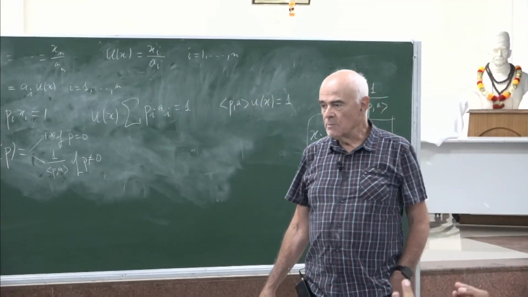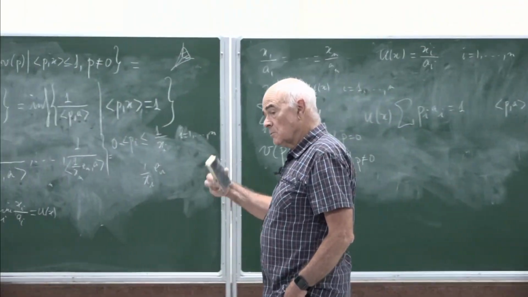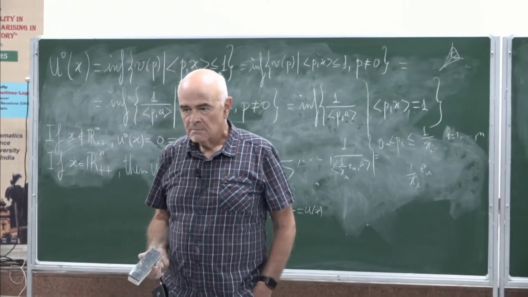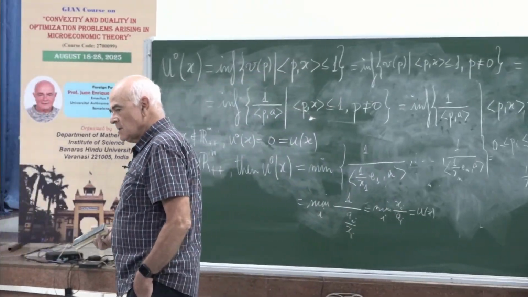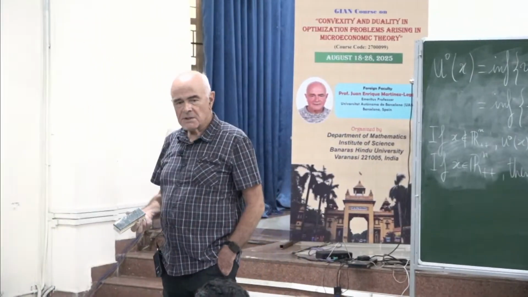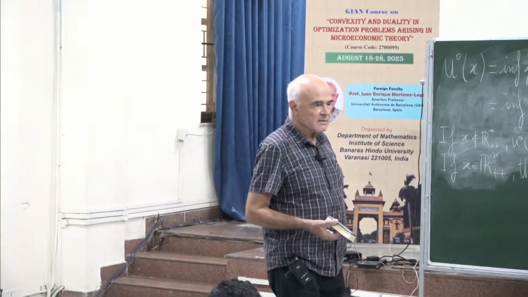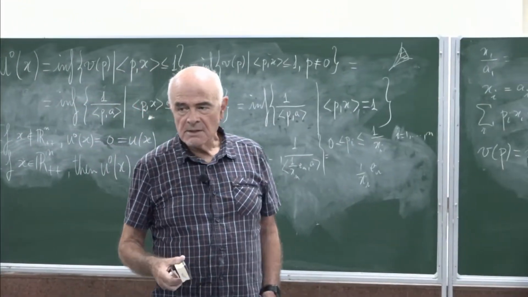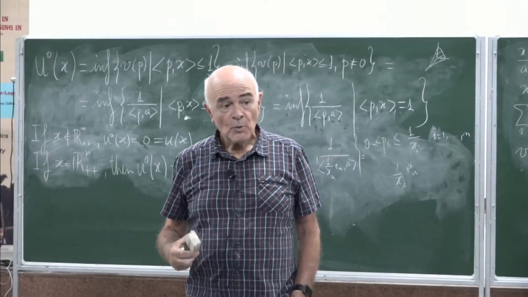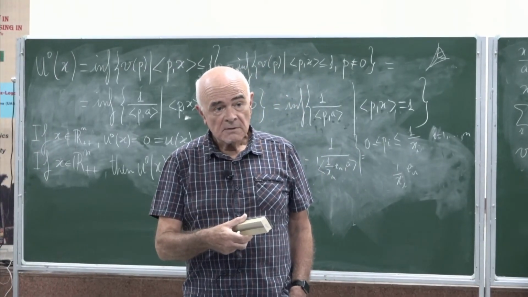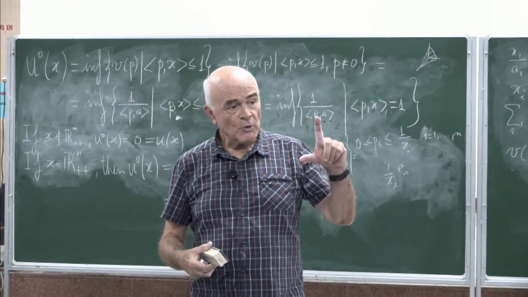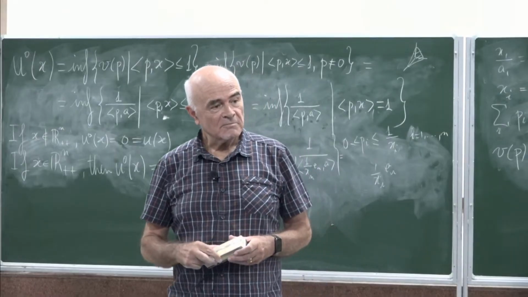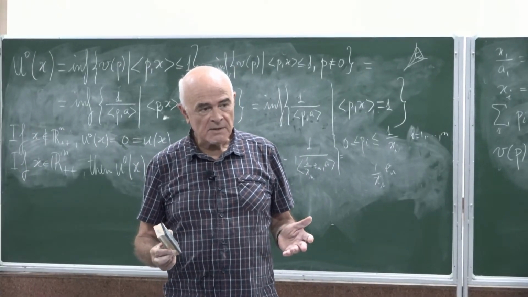So I think it's time to stop, and then on Monday we will start talking about demand correspondences, demand functions, and in particular we will see that the demand may be surprising in the sense that sometimes we go to the market, we see that the price of some good has increased, and then we say, okay, I'm going to buy more of this good. You don't need to be crazy to do that.